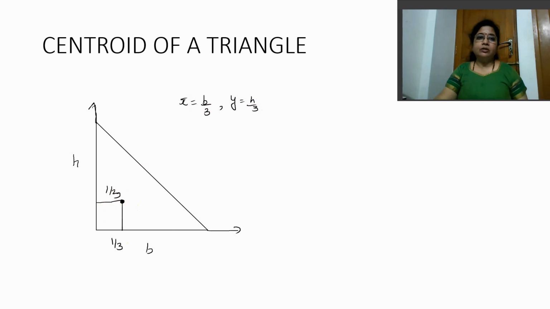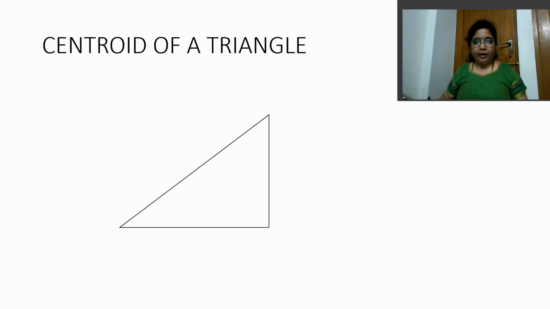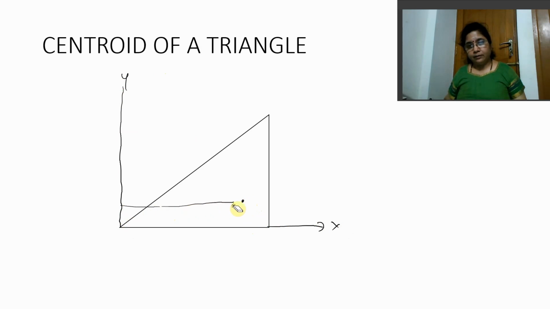No. It depends on the orientation. Let us see two other cases. Now my triangle is oriented like this, wherein you will have your y-axis and your x-axis. So where would be the centroid? The centroid is somewhere near the base, near the right angled arm. If I need to plot the x coordinate, it would be this distance.